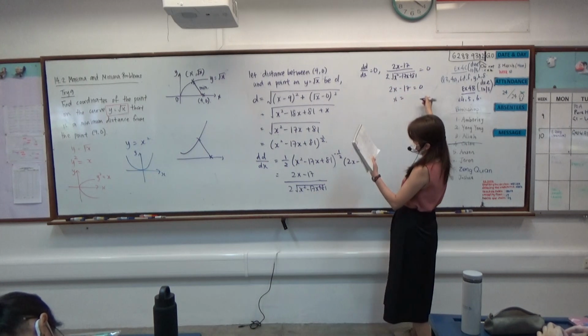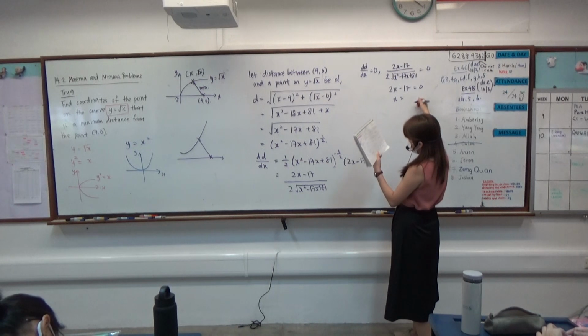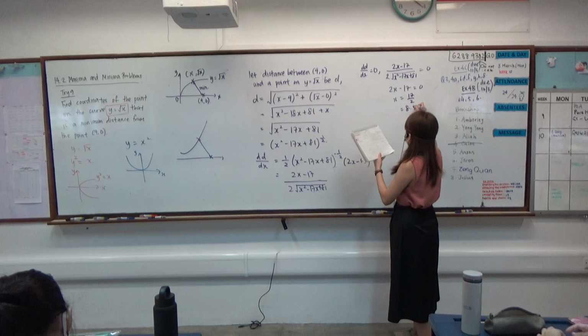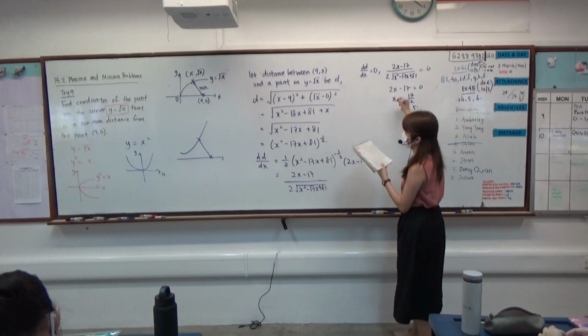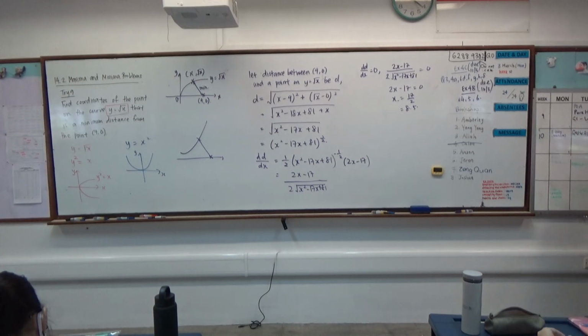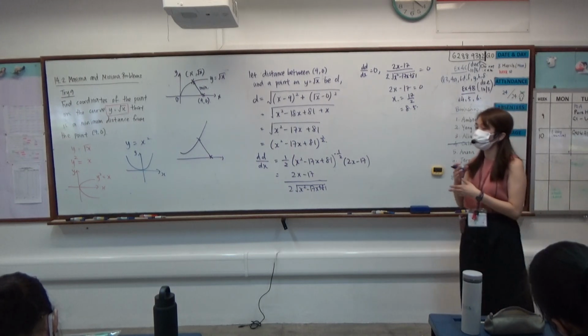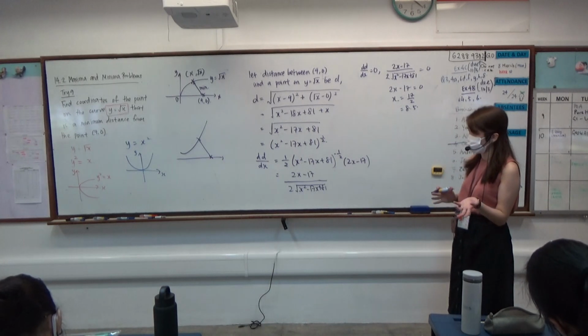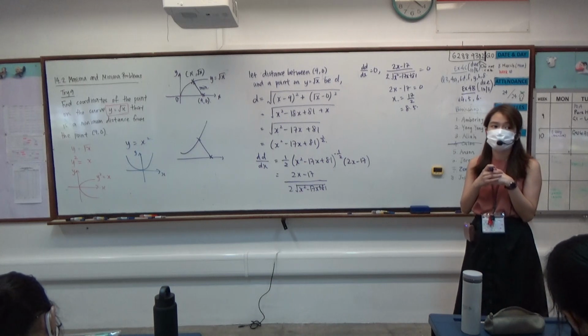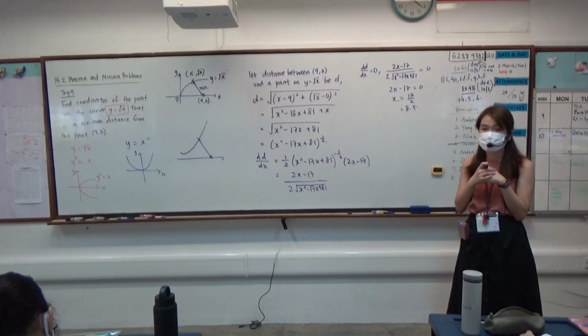So our x would be 8.5. This x allows our distance to be a stationary value. We do not know whether it's a maximum or minimum at this juncture. So we need to proceed to figure out whether it is a minimum by using the second derivative test.